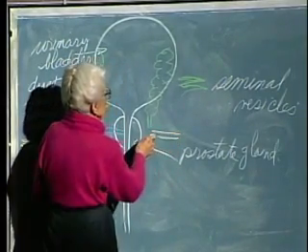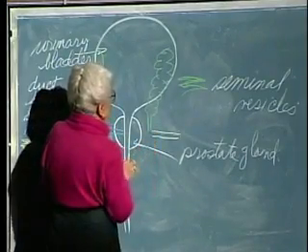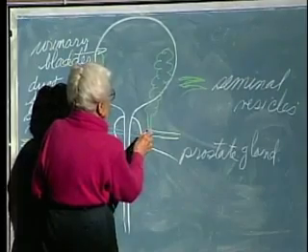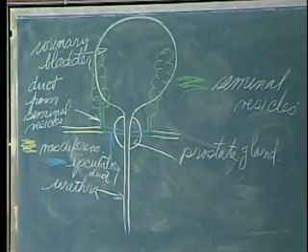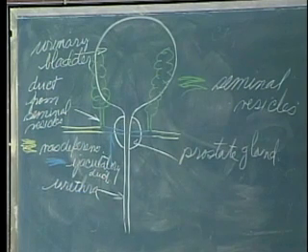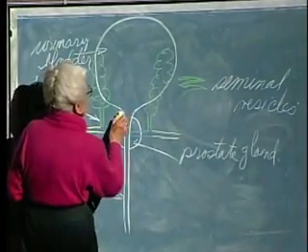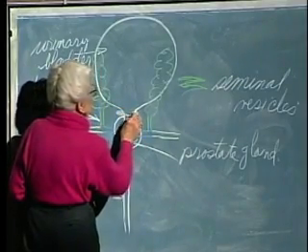Vas deferens coming in, joining seminal vesicles and forming an ejaculatory duct. So now you can understand the relationship of the internal sphincter to the entrance of the sperm into the urethra, because our internal sphincter was up here between the prostate and the bladder.